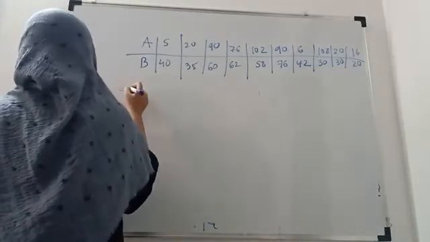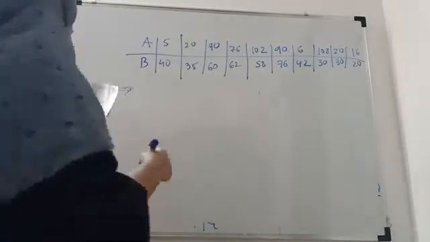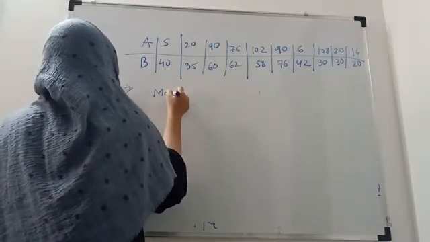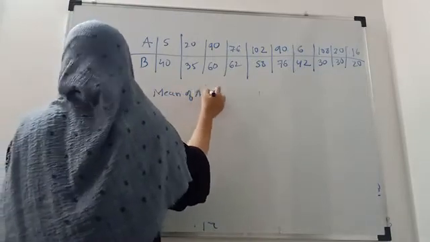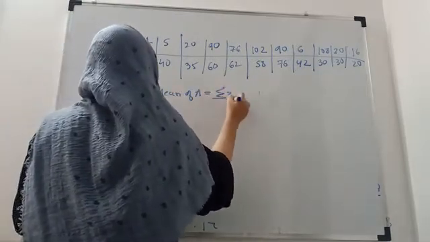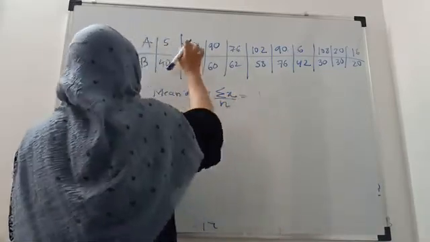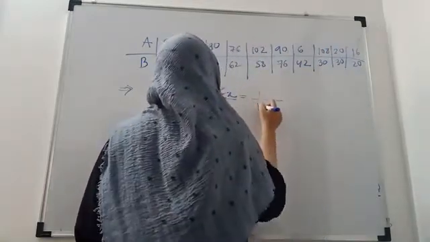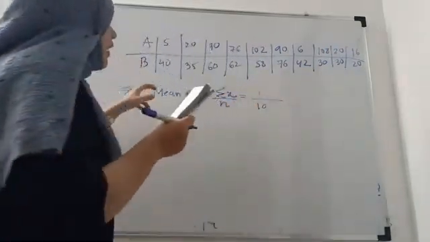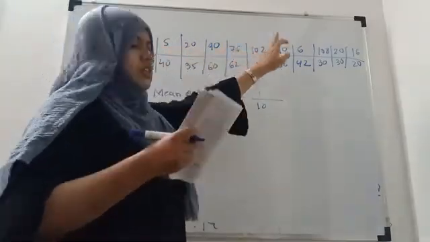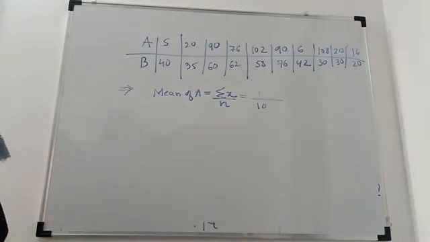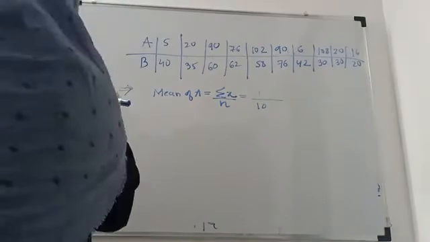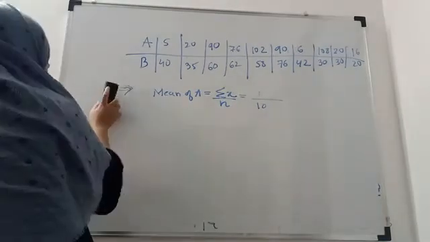So first of all we will find the mean of A. The arithmetic mean of A is equal to the summation of all observations divided by n. So n is 1, 2, 3, 4, 5, 6, 7, 8, 9 and 10, n is equal to 10, and then the summation of all x. To calculate all these x, it's better you first draw a column. First this is the observation.